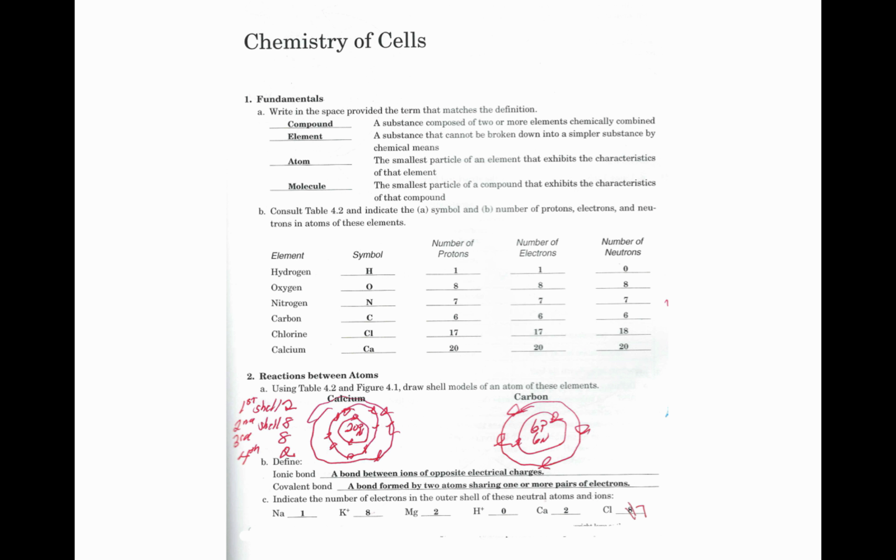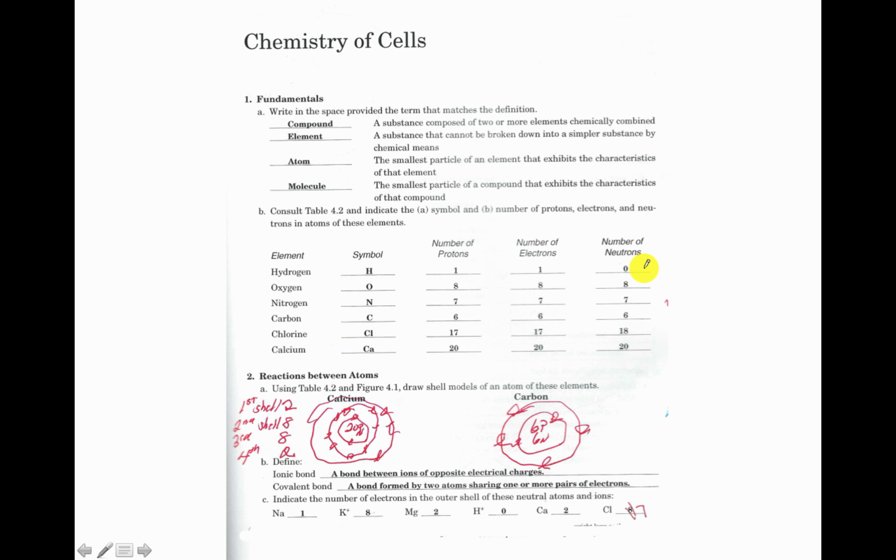Hi everyone. This is the first page of this chemistry lab, and some of the answers are written in and you can read them for yourself. I'm just going to point out a few that will help you understand the more difficult ones.